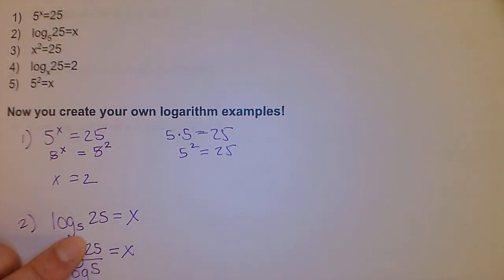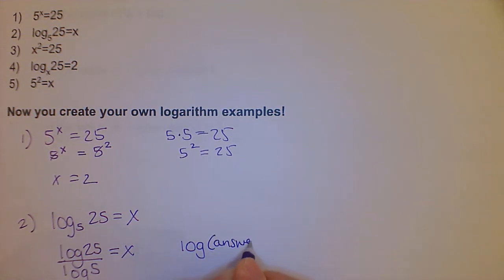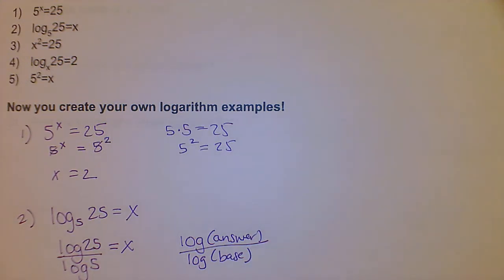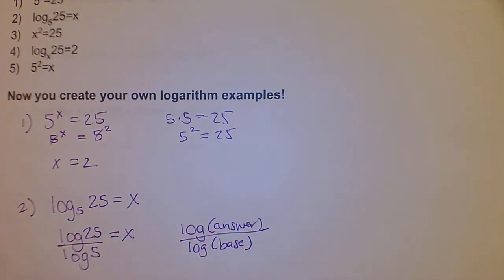It's always going to be the log of the answer divided by the log of the base. If you want to write that down for notes, the log of the answer divided by the log of the base. The answer I'm talking about is 25 here. Or we can even say, log A divided by log B. Well, this is A and this is B.